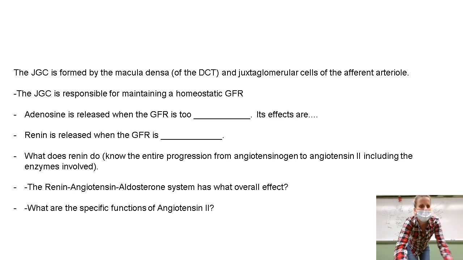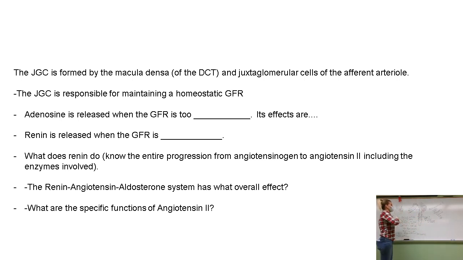Okay, so the JGC. The JGC is the juxtaglomerular complex. Juxtaglomerular, again, means by the glomerulus. The juxtaglomerular complex is right in this area, right here. So you have the afferent arteriole going into the glomerulus.